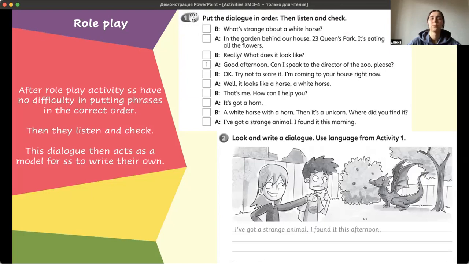Of course, after that they may practice conversations in pairs, and then in open pairs for the whole class, for instance.